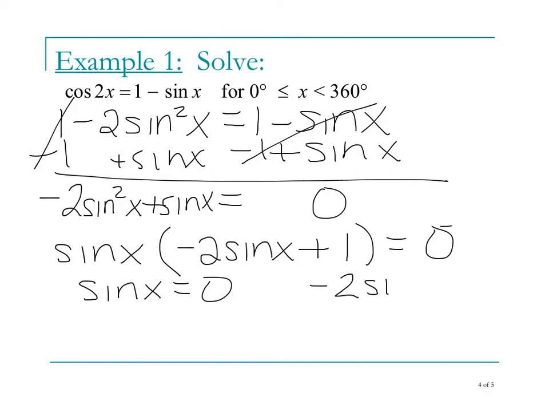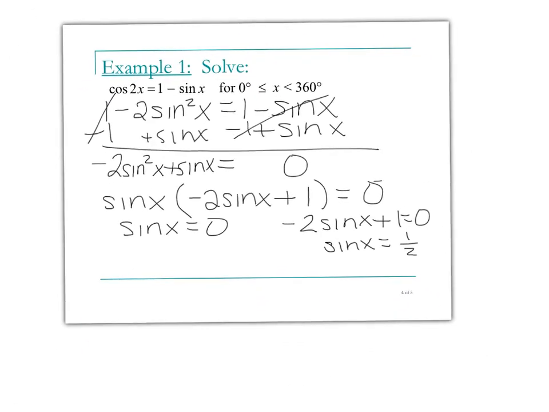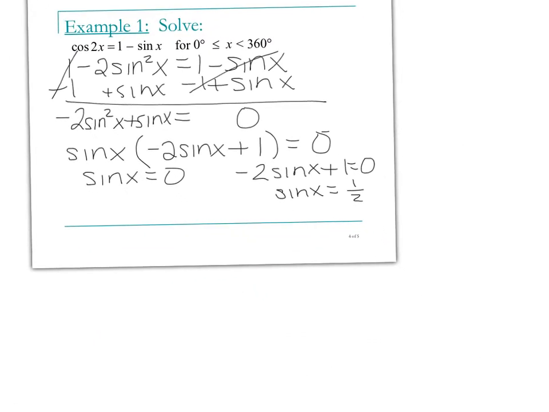Negative 2 sine of x plus 1 equals 0. So here, the sine of x is going to be 1/2. So when does the sine of x equal 0? Well, it equals 0 when x is 0 and 180.